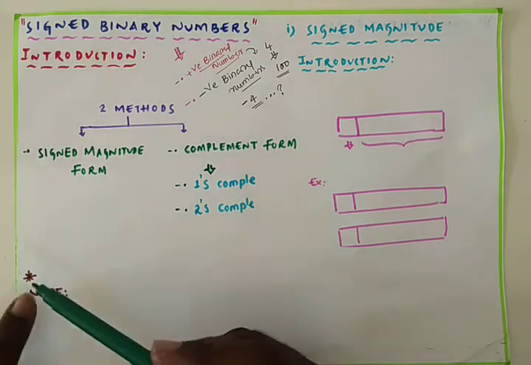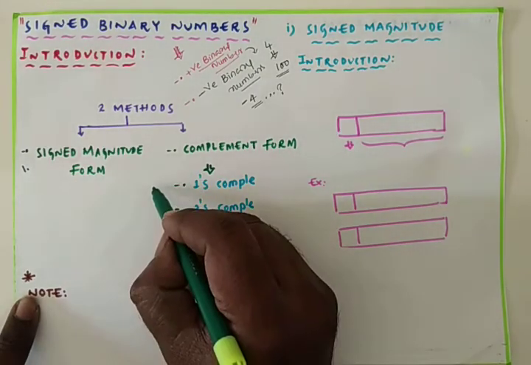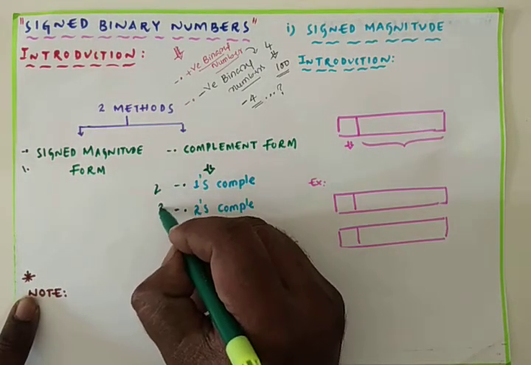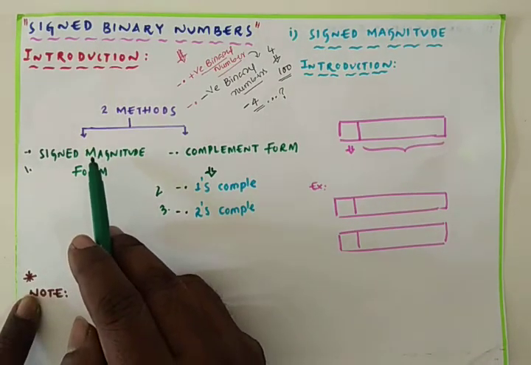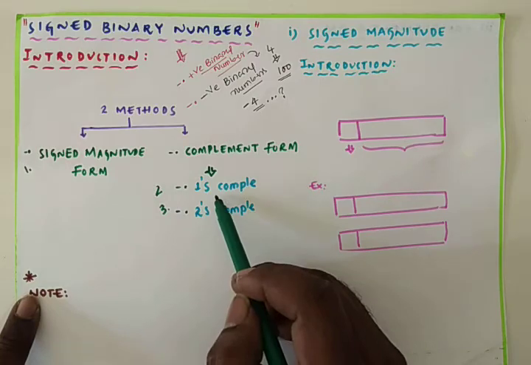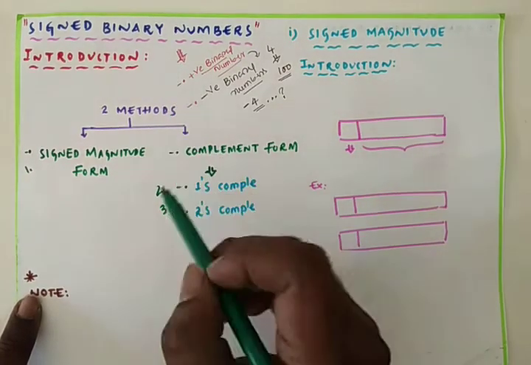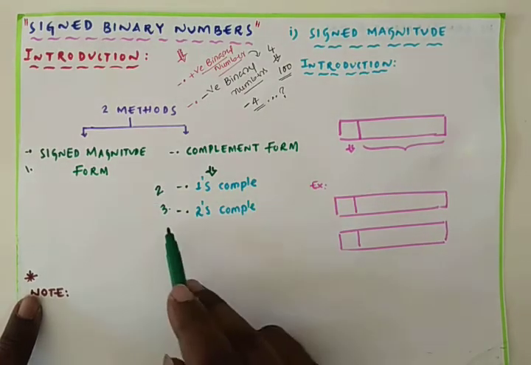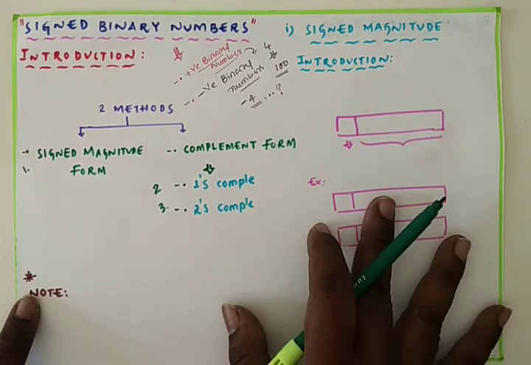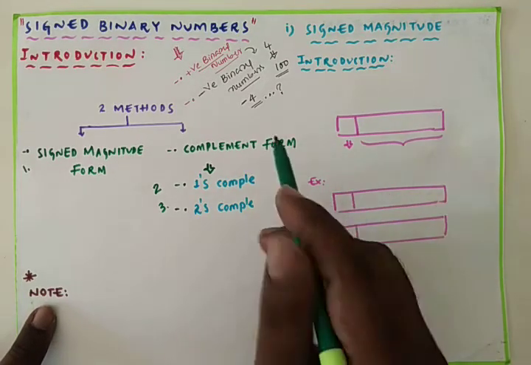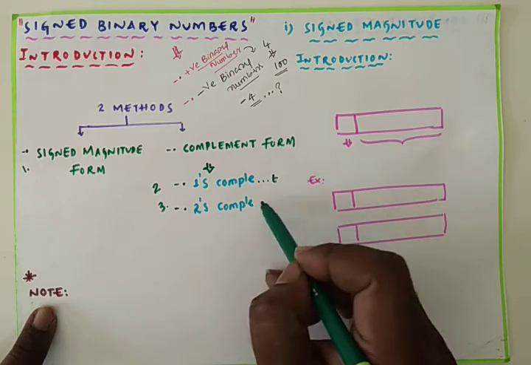There are actually three procedures to represent the signed binary numbers. First one is signed magnitude form, second one is the ones complement form, and third procedure is the twos complement.